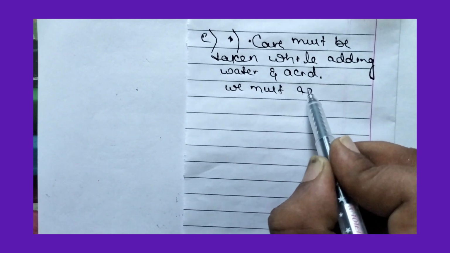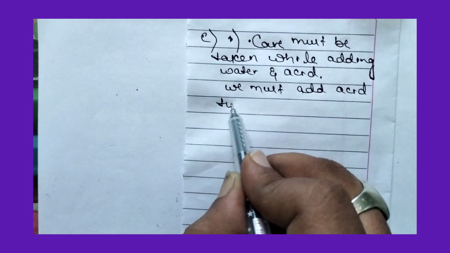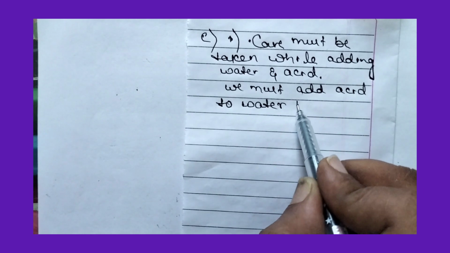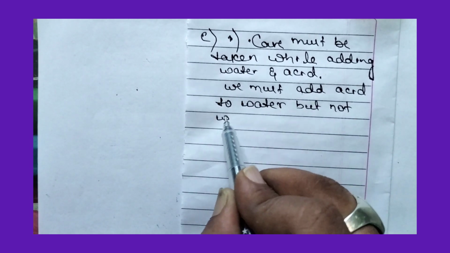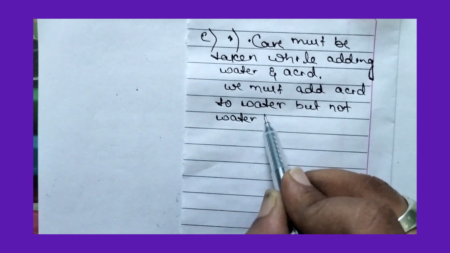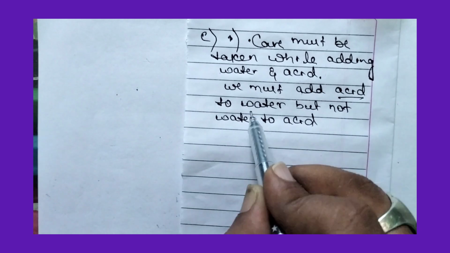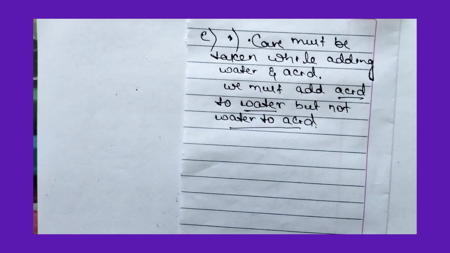We must add acid to water but not water to acid. So you have to keep this in mind. Acid must be added to water, and water must not be added to acid.